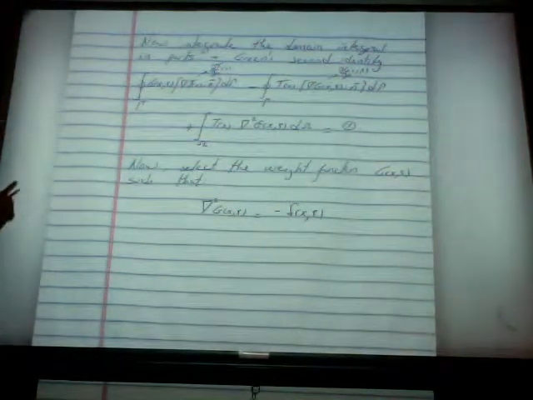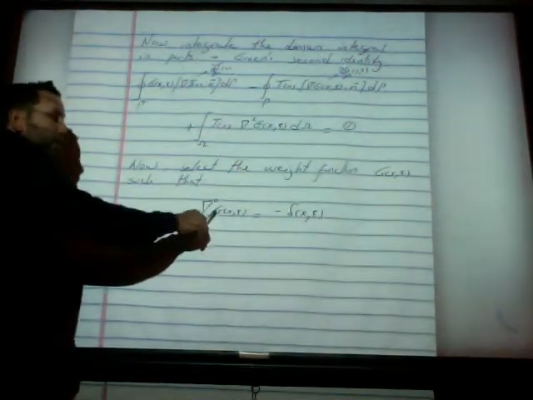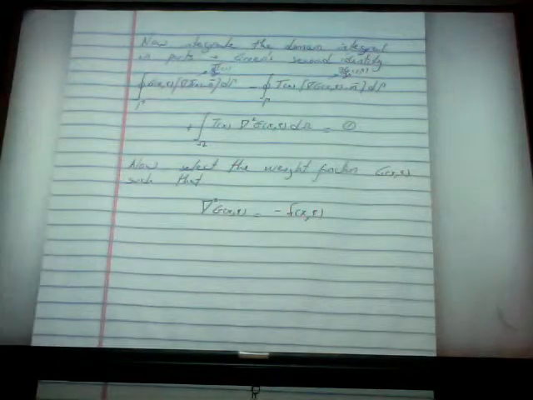So notice I am not selecting the Dirac delta function. I'm not selecting the weight function g. I'm selecting how it behaves. Okay, what constrains it.